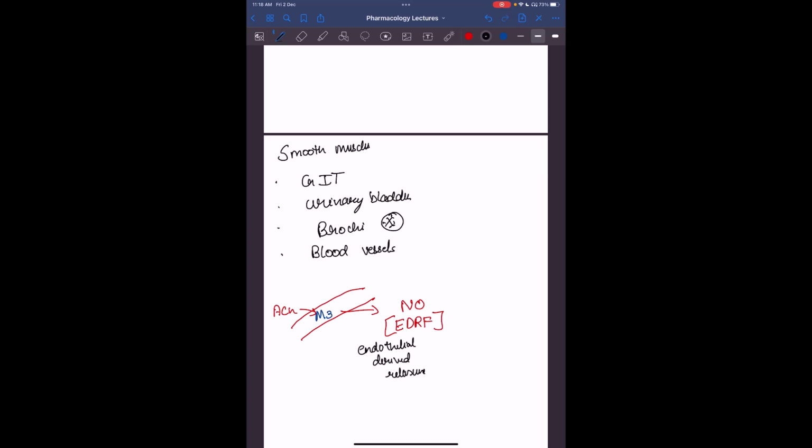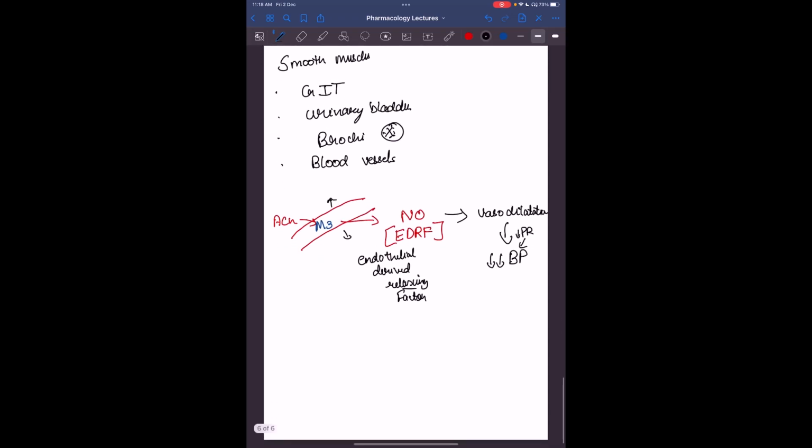By the name, you can tell it leads to relaxing, which leads to vasodilation. Due to vasodilation, there is a decrease in BP. It decreases the peripheral resistance, due to which there is a decrease in BP. This is about the blood vessels.